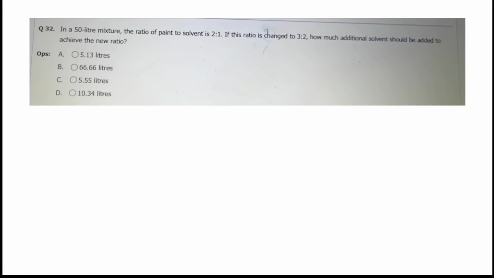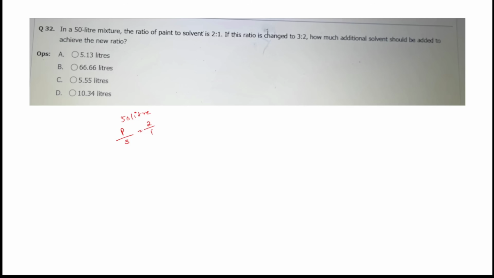The next question is, in a 50-liter mixture, the ratio of paint to solvent is 2 is to 1. If this ratio is changed to 3 is to 2, how much additional solvent should be added to achieve the new ratio? So here there is a mixture of 50 liters and the ratio of paint to solvent is 2 is to 1.